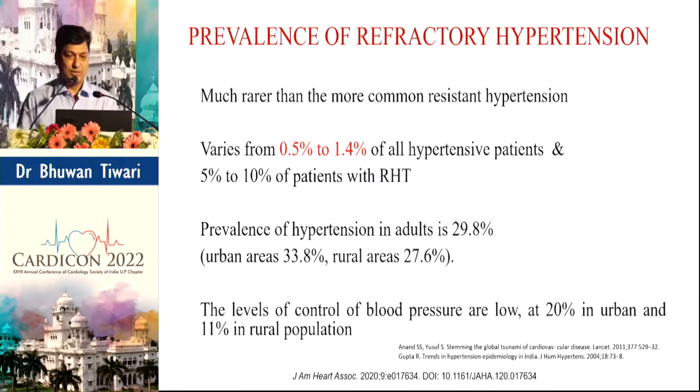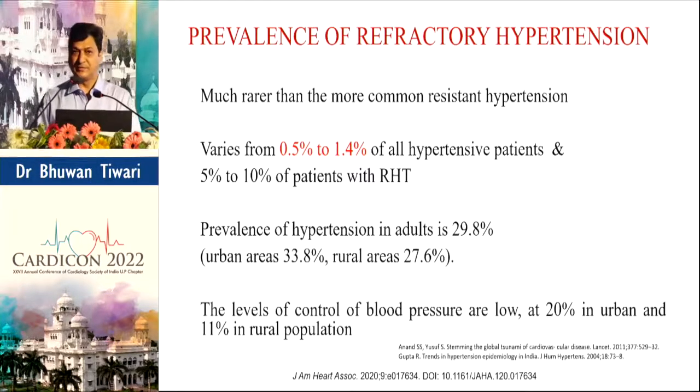So now the prevalence is much rarer than the more common form, resistant hypertension. It varies from 0.5 to 1.4% of all diagnosed hypertensive patients, and it is 5 to 10% of patients with resistant hypertension. Now in India we don't have any data for this, but some studies have shown that the prevalence of hypertension in adults is around 29.8%, more in urban and slightly less in rural.